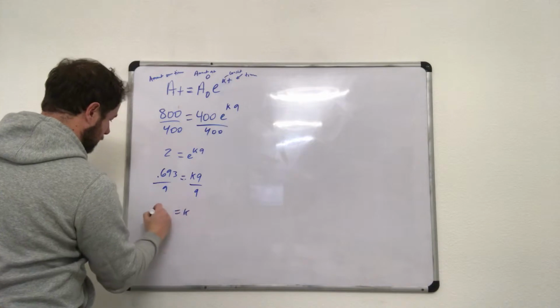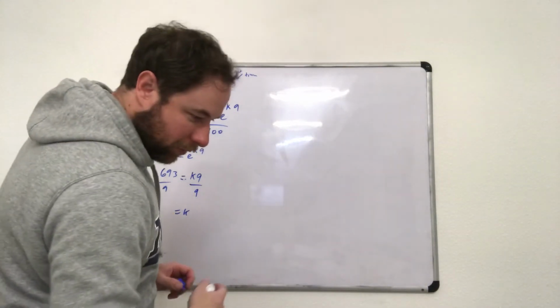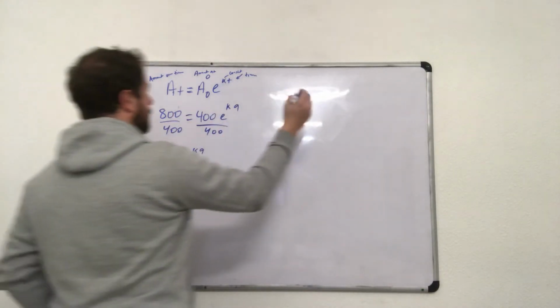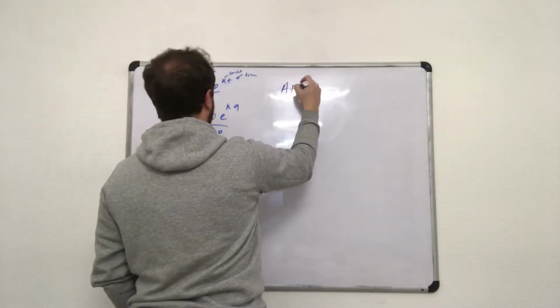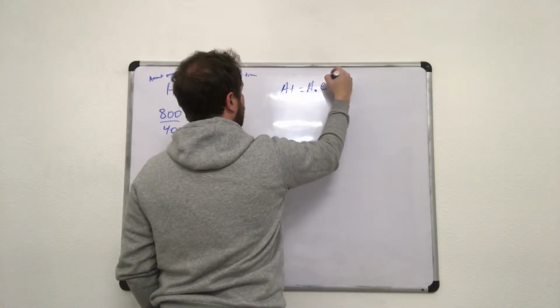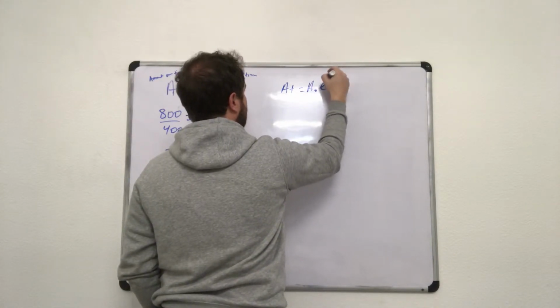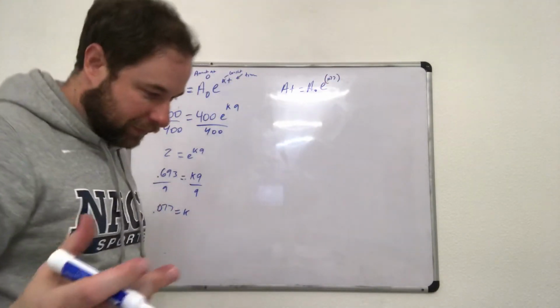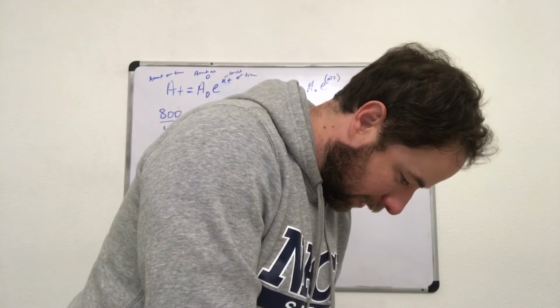And K is 0.077. So that's our constant, 0.077. So we use that. So we have A of T equals A0 e to the 0.077, our constant.